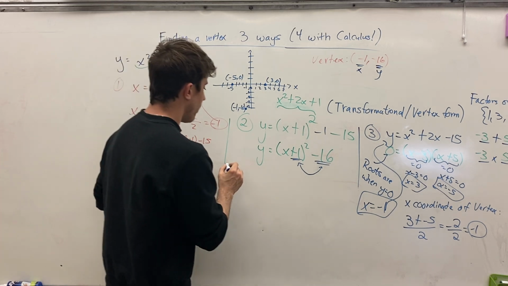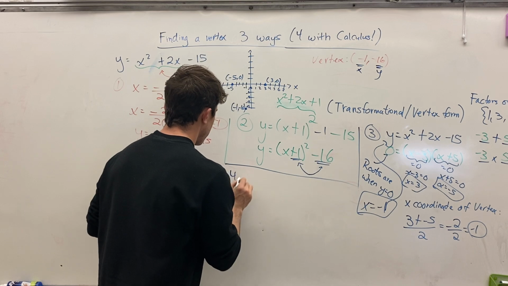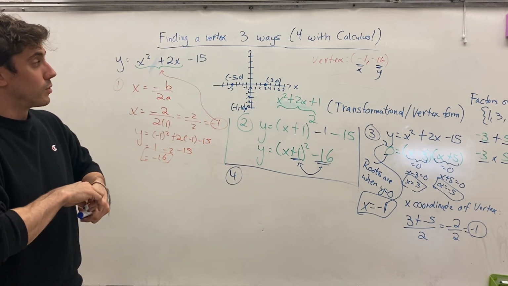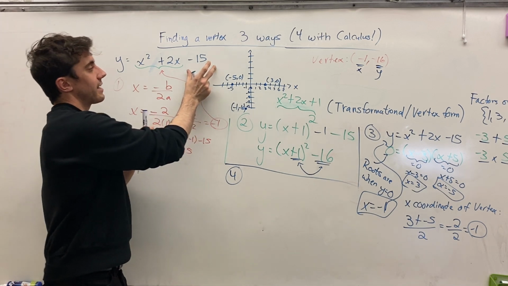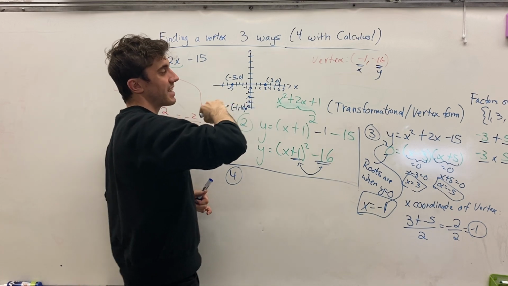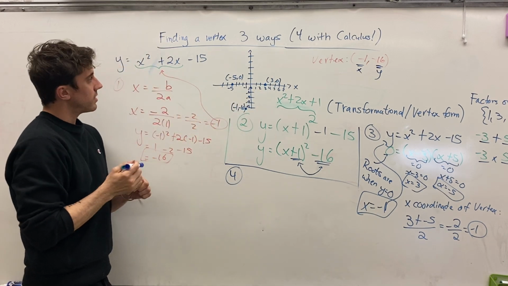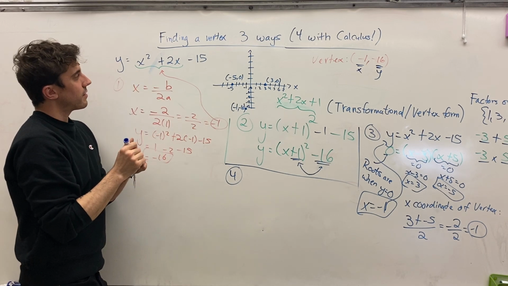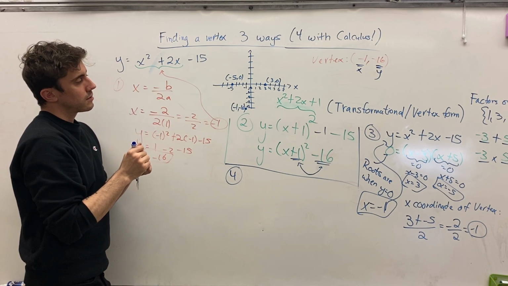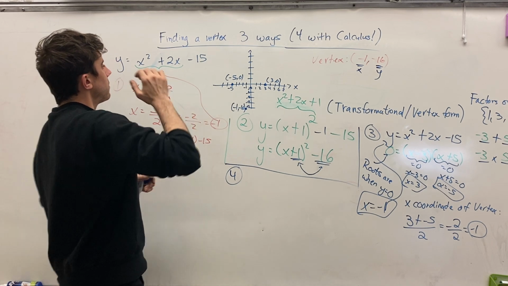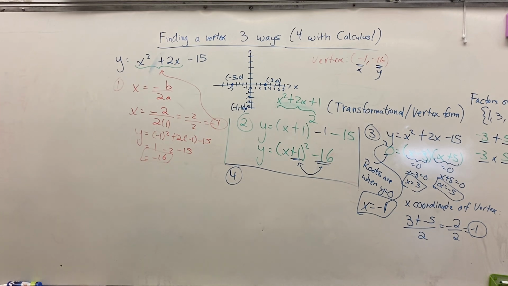And then our bonus fourth strategy to find our vertex would be to look at our derivative, because our first derivative provides us with the slope of the tangent line to the function. And so if we graph this quadratic, this is going to be a positive quadratic with a vertex at negative 1, negative 16.